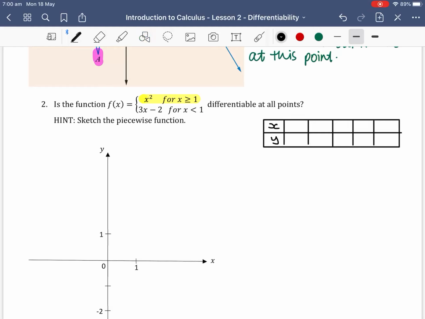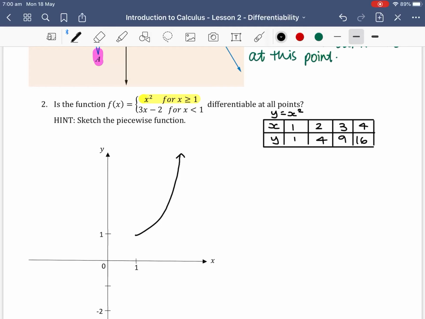So we'd have x, y, 1, 2, 3, 4. 1 squared is 1, 2 squared is 4. So at 1, 1 we're going to go up into a parabola. That was for y equals x squared.